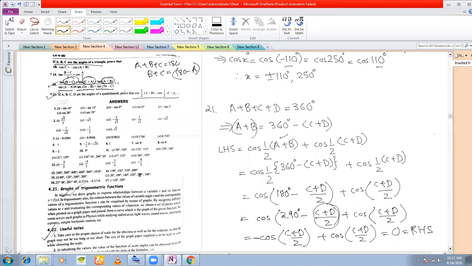Pi is 180 degrees, meaning two rotations of 90 degrees, so it is in the second quadrant. So this is also negative. All are negative. I can't see whether this has to be a plus sign or a minus sign, but whatever. Then they will cancel from the numerator and the denominator. You will get 1. So this is what you do.